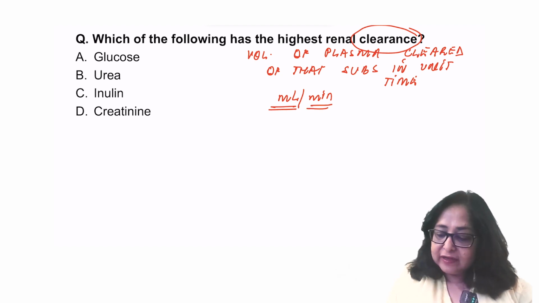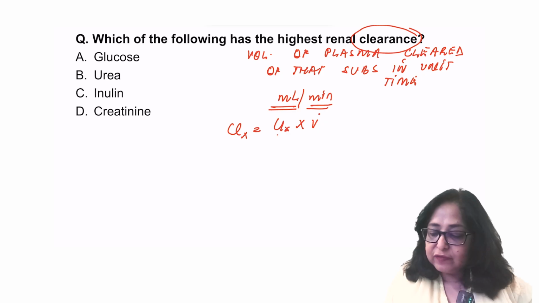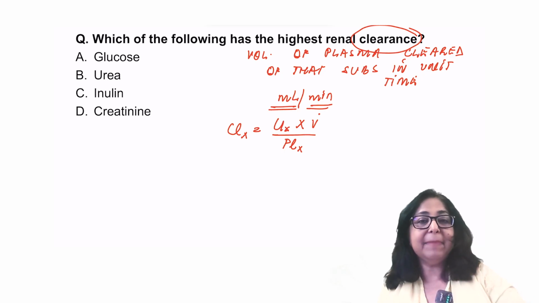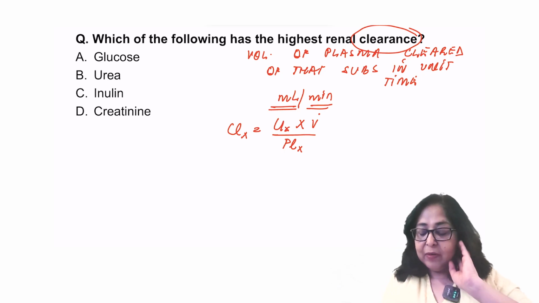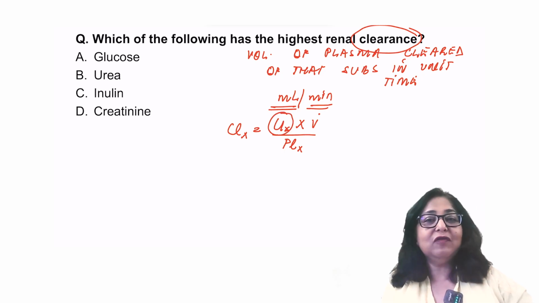And the formula for clearance is, clearance of any substance X is urinary concentration of X into rate of urine flow divided by the plasma concentration of X, UV by P. Now, remember, concentration is always per unit volume.